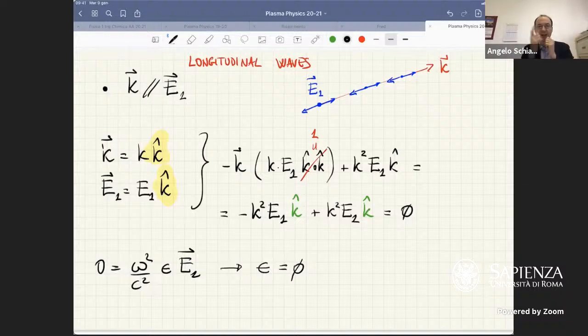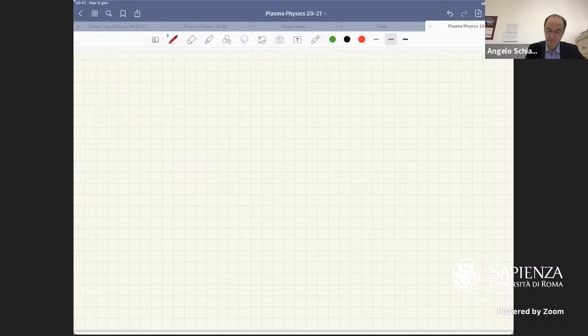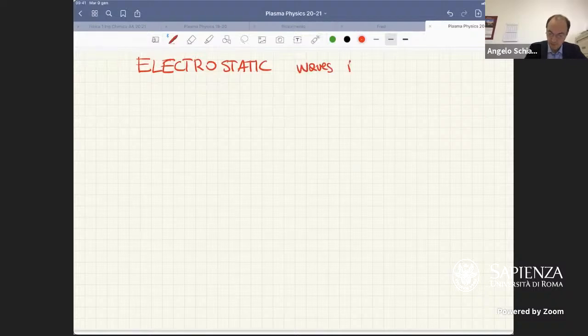And then we'll see a solution for the transverse waves, which is going to be the electromagnetic wave solution in plasma. So let's start with the electrostatic waves in plasma.